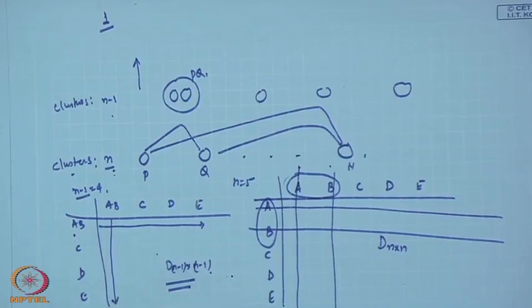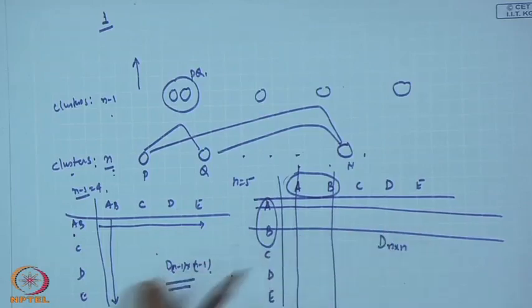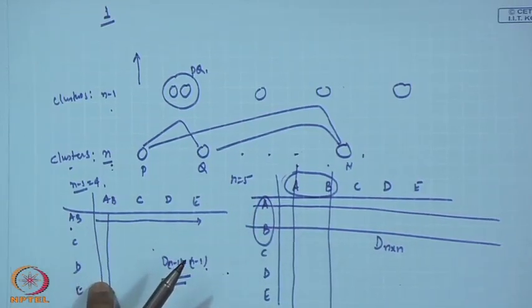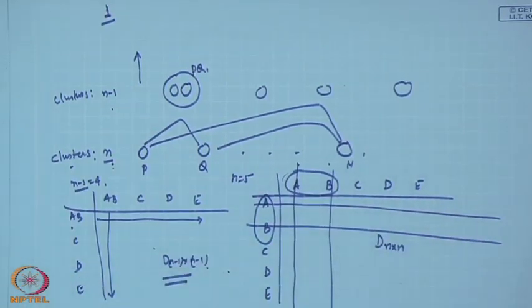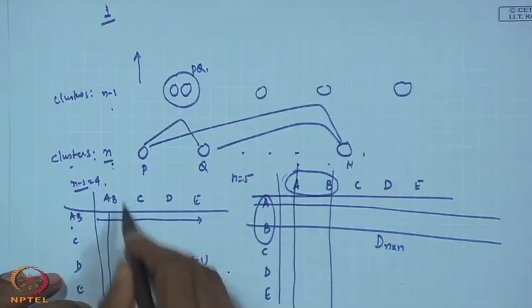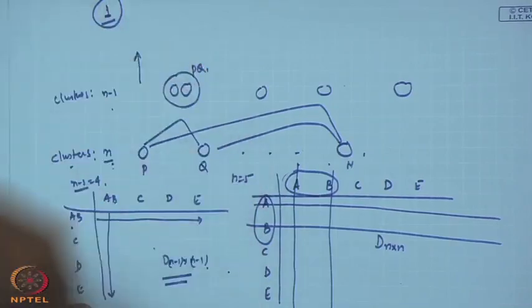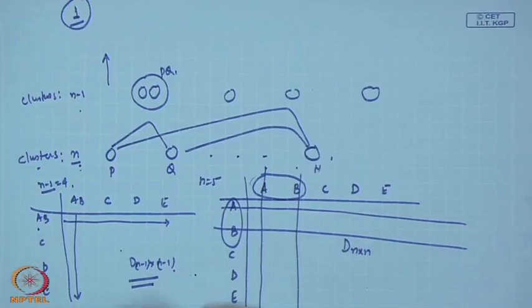So you are deleting 2 rows and 2 columns, adding 1 row and 1 column, and ultimately n minus 2 plus 1, that is n minus 1, comes here. Then you repeat what you did in steps 6 and 7 for all n minus 1 times. When all the objects are grouped, you have to go up to this one-cluster level. When you reach there, you stop.